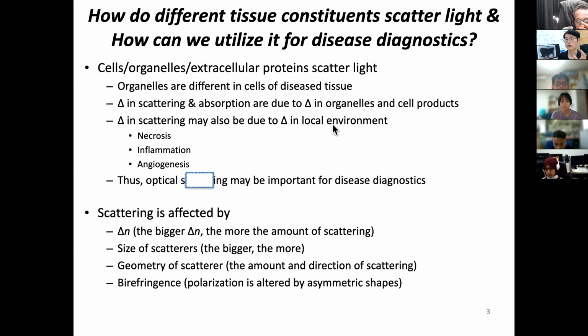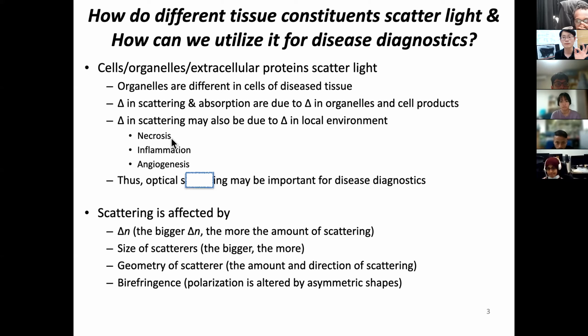So even with the bare eye, we can sometimes see a bruise. I got this bruise last night by falling down from a bike. And what's happening? Some cells are dying, necrosis, and it's reddish.